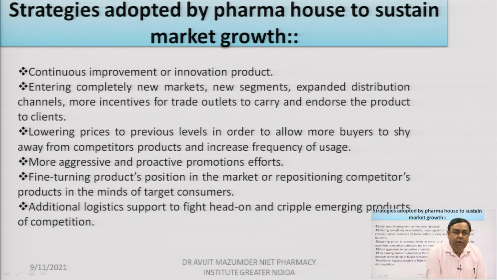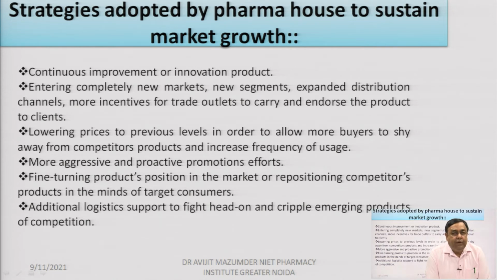In this particular slide, we will be discussing some of the strategies adopted by the pharmaceutical house to sustain the market growth. Please remember that after the growth there will be a stationary phase. So, every company tries to extend the growth phase as far as practicable. What are the strategies the company uses?